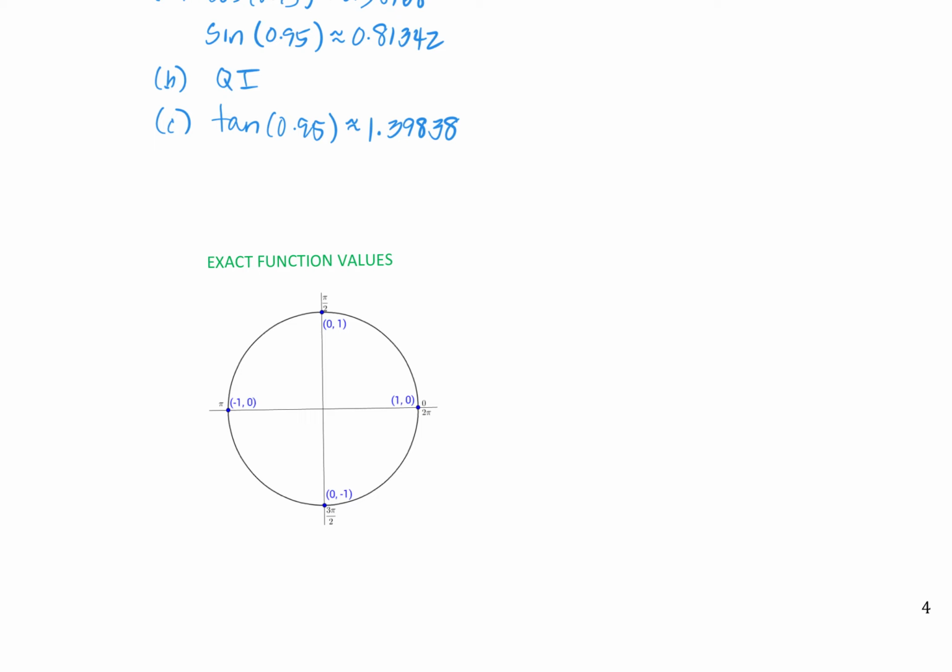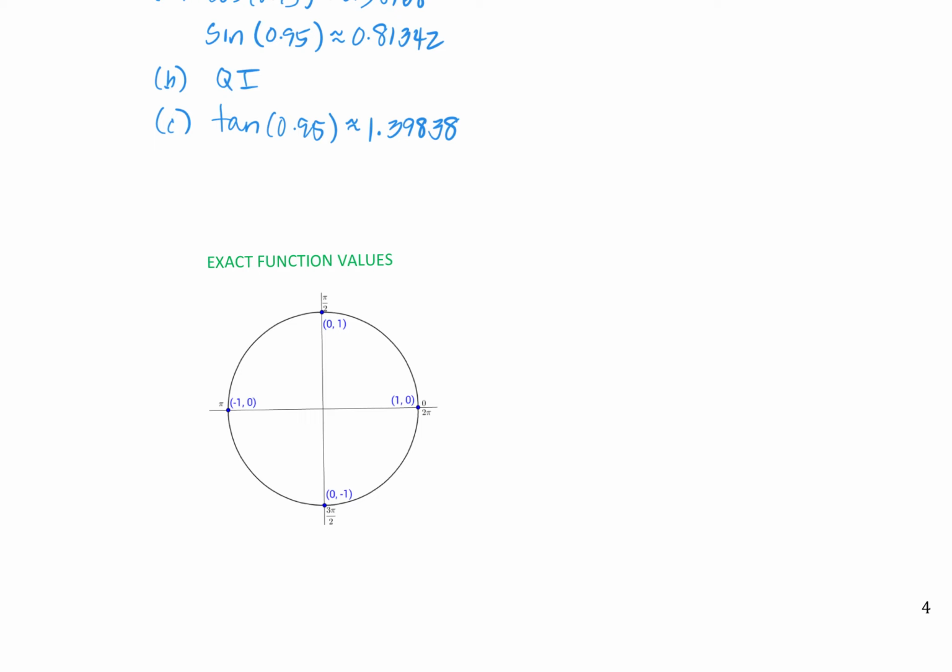So notice that this is greater than 1, and that's okay. The other four trig functions can be larger than 1 or smaller than -1. It's only sine and cosine that are restricted to having a range between -1 and 1.